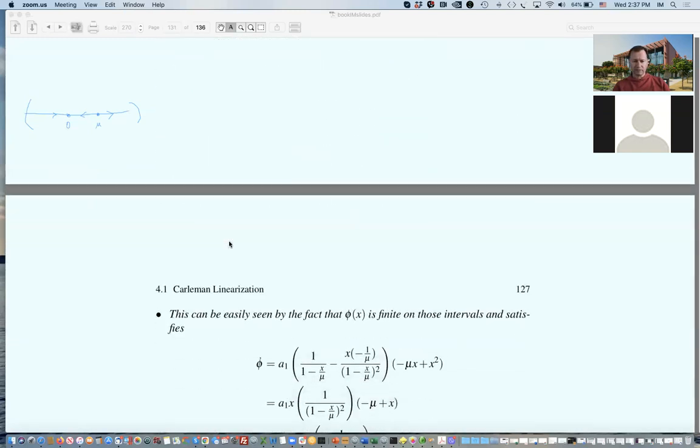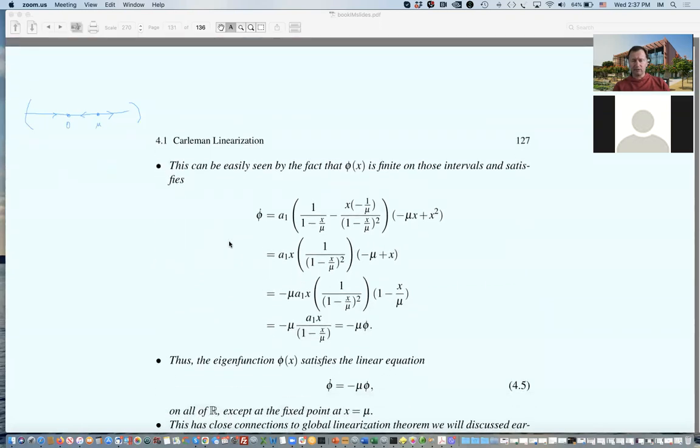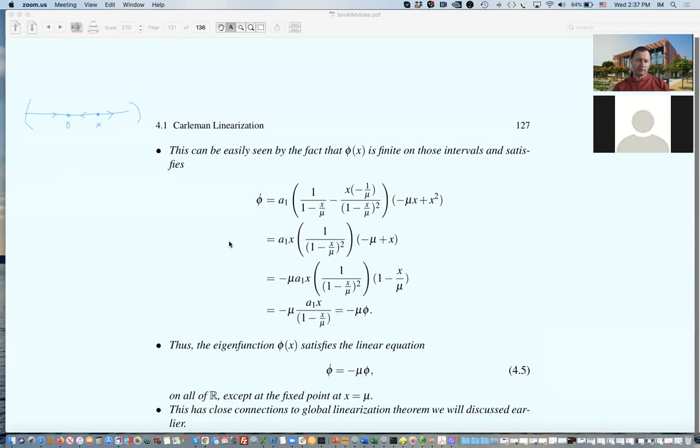So that's interesting, but let's do the calculation just to verify that phi is indeed an eigenfunction everywhere, so that nothing goes wrong. In order to do that, we'll need to prove that phi dot is minus mu phi. This is an eigenfunction equation with lambda equal to minus mu being the eigenvalue. So let's do phi dot.